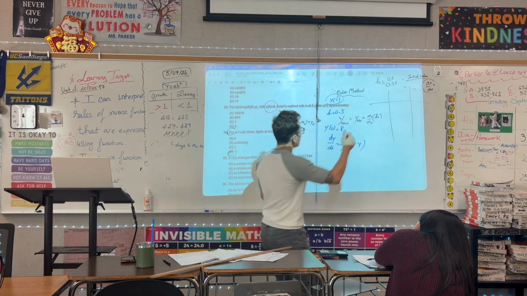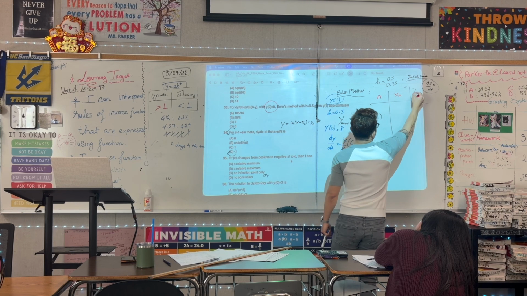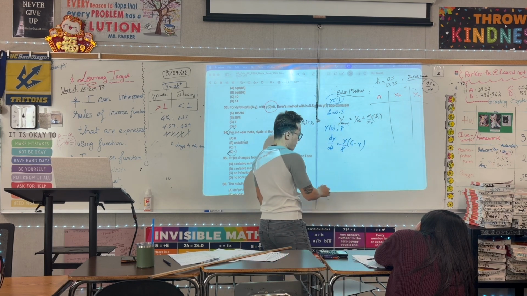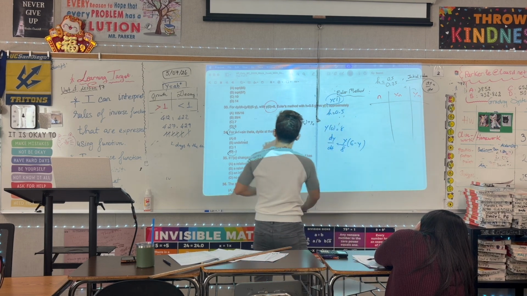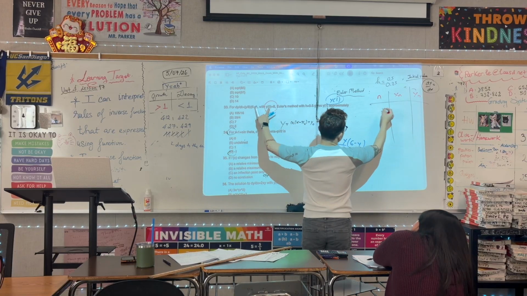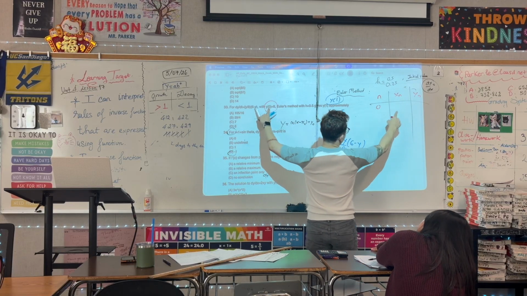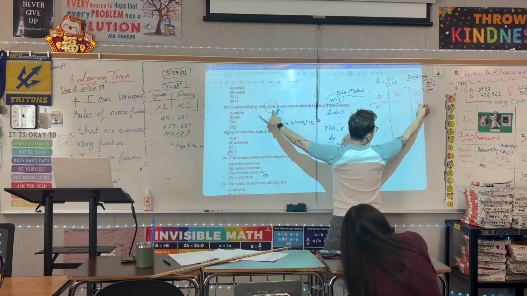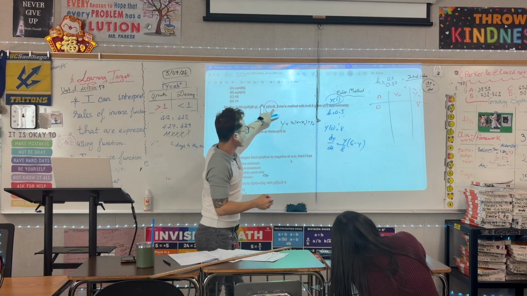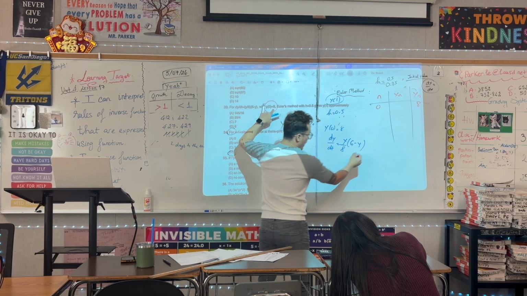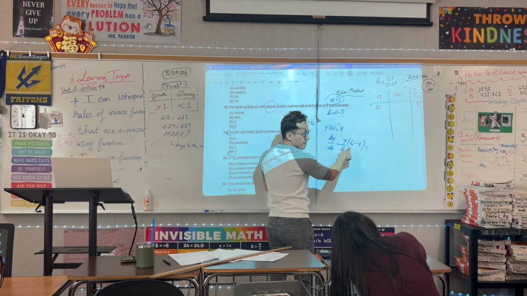So now let's do n, x_n, y_n. This is exactly on the note we learned about order. y0. So when n equals 0, y equals 8. So now, can you plug in 8 here to find dy over dt? Yes.